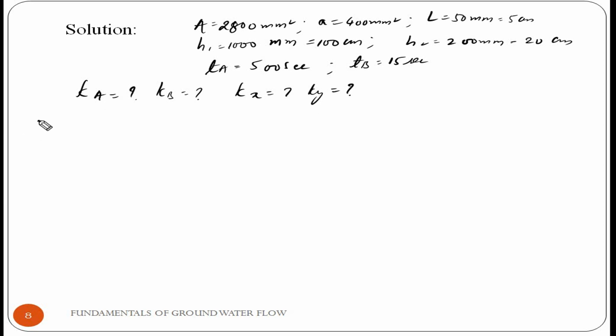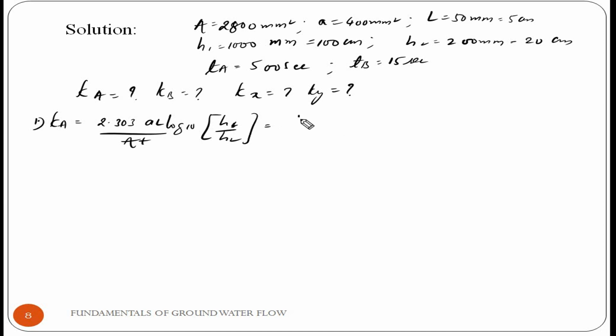So according to the falling head formula, K is equal to 2.303 AL divided by AT log to the base 10 H1 divided by H2.